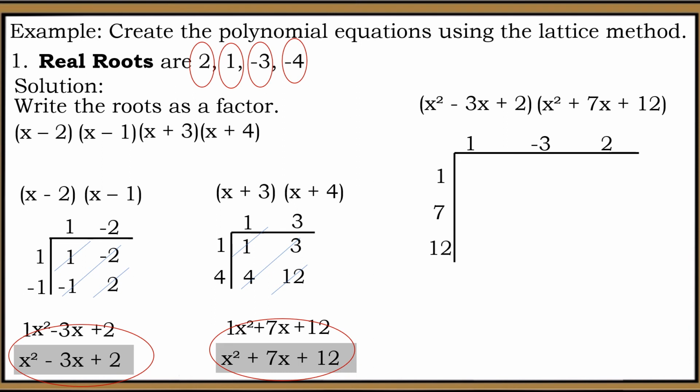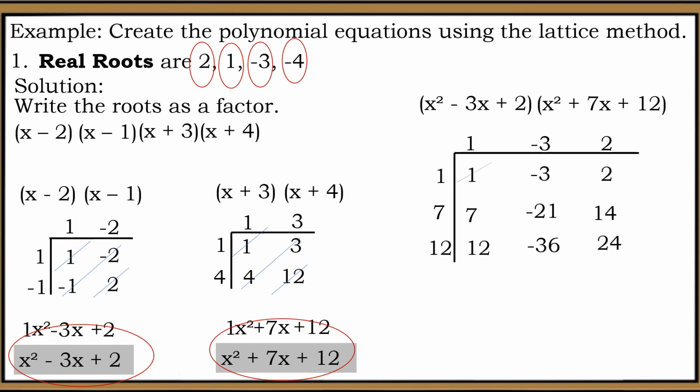Then 1, 7, and 12. Multiply. 1 times 1, 1. 1 times -3, -3. 1 times 2, 2. 7 times 1, 7. 7 times -3, -21. 7 times 2, 14. Then we have 12. 12 times 1, 12. 12 times -3, -36. And 12 times 2, we have 24.